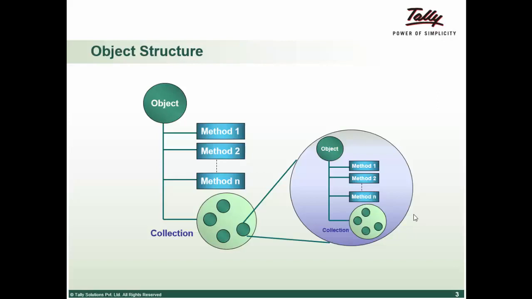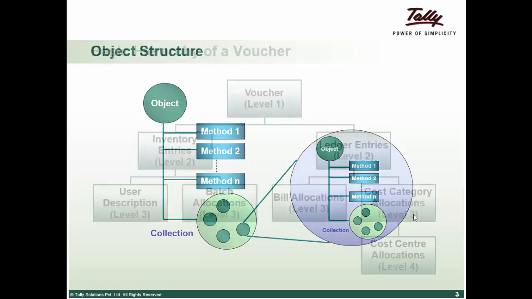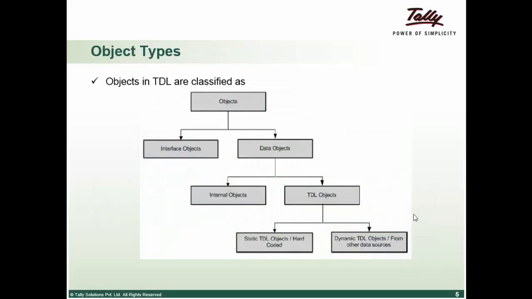So in the initial introduction itself, as we had stated, we have TDL objects and we have bifurcated them into interface objects and data objects. In the interface objects, we have already seen report, menu, button and table.